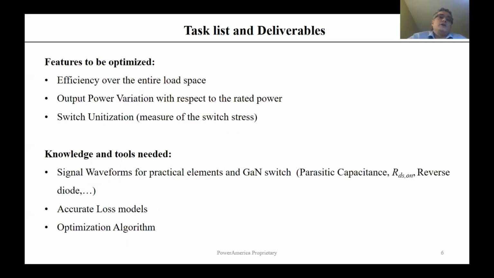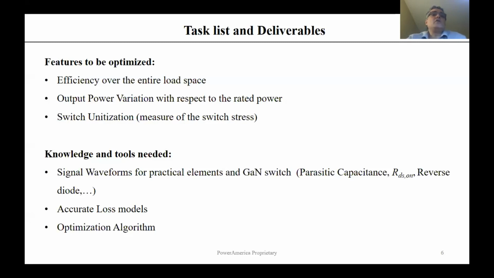In order to achieve the targets, we first need to learn how to analytically describe signal waveforms in a practical Class C inverter that uses a practical device that includes parasitic capacitance, reverse diode, resistance of the channel, etc. Then, after that, we are going to use those waveforms to accurately calculate the losses in the inverter.